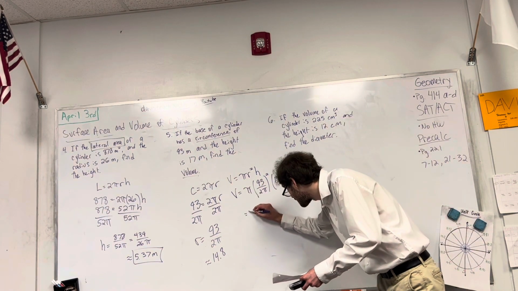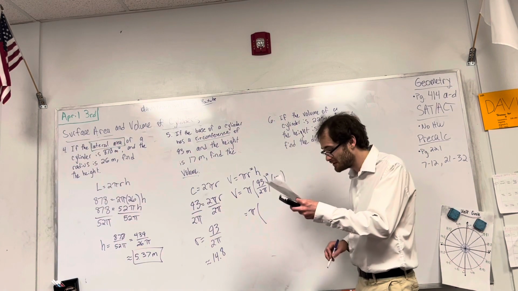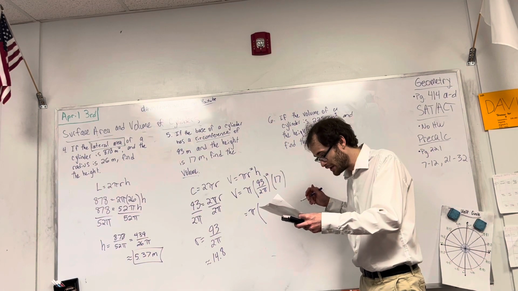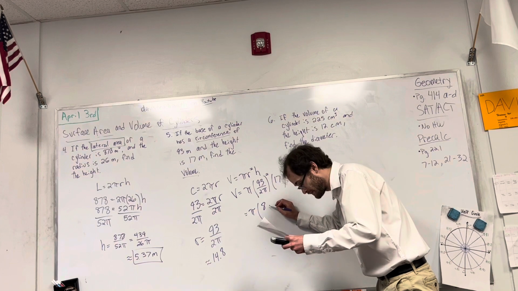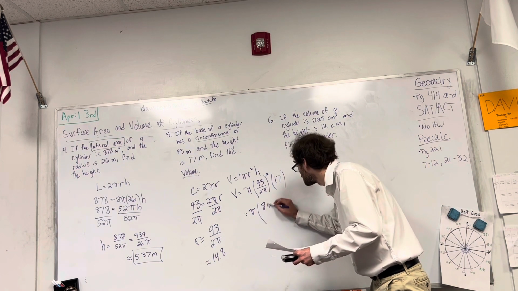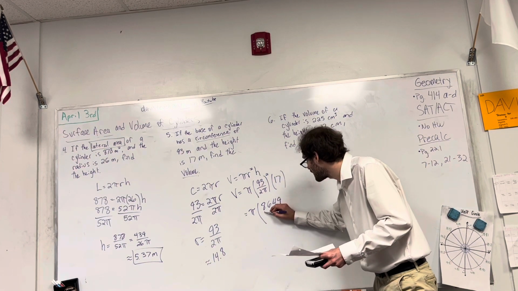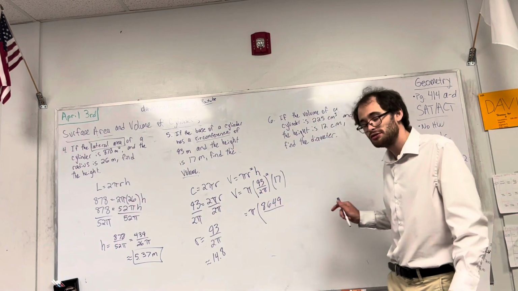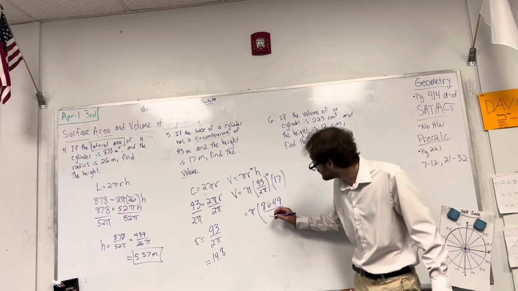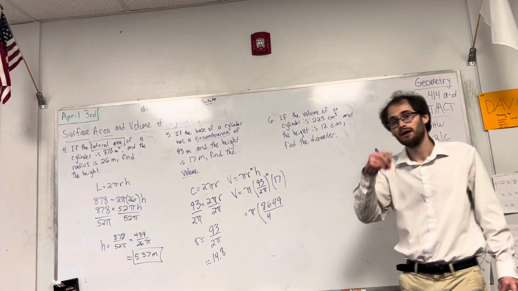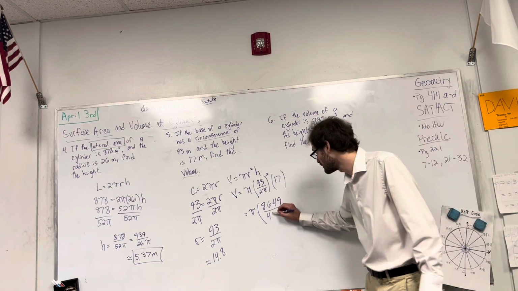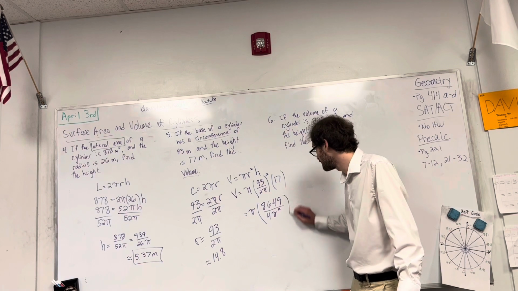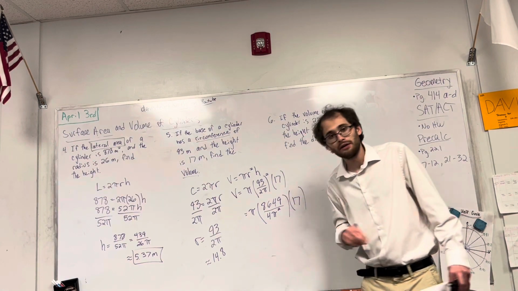If you do that, you're going to get 8,649. Now, if you square the denominator, 2 squared is 4, and pi squared is pi squared. Not too bad there.